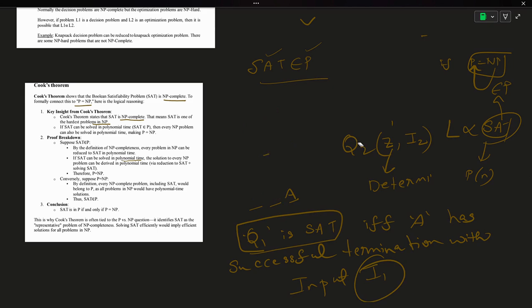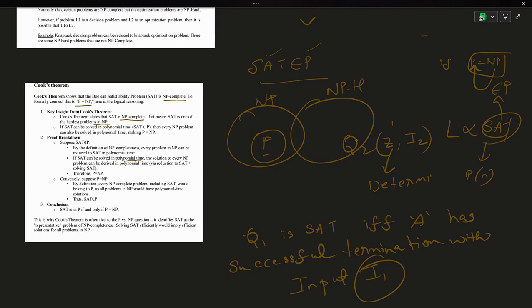It means that this is NP, this is P, this is NP-hard, and this is where satisfiability is. It is telling that satisfiability will belong to P. It means P may be intersecting with satisfiability as well.